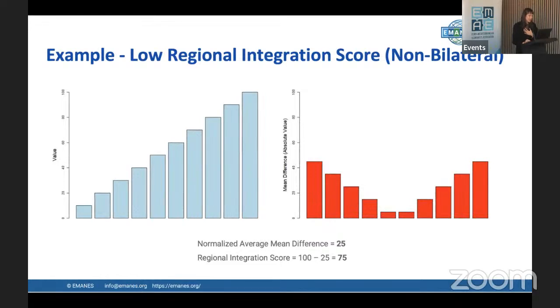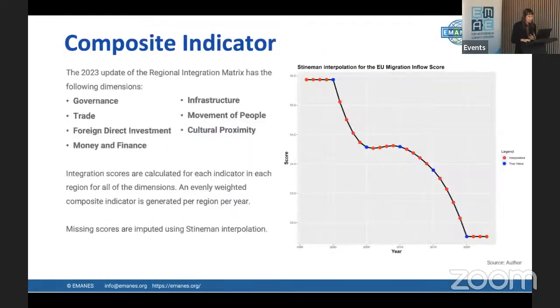So after calculating all of these scores, I create a composite indicator, and we have slightly different dimensions, but not by much. And of course, with every study, there were issues of missing data.